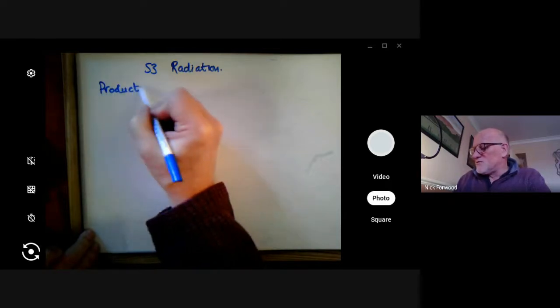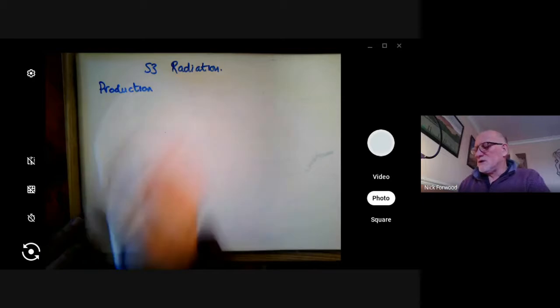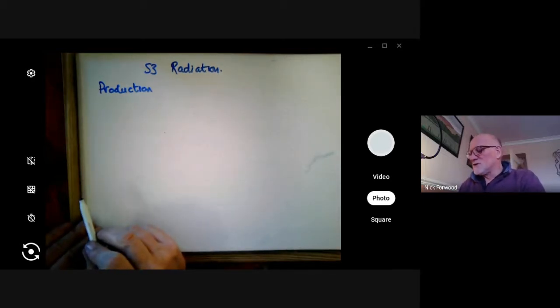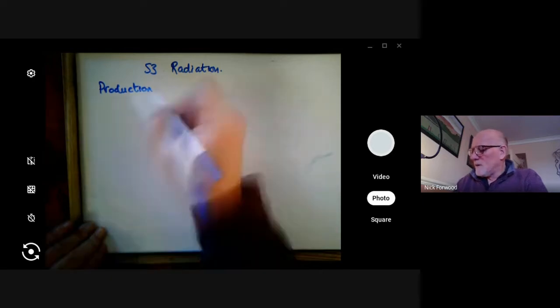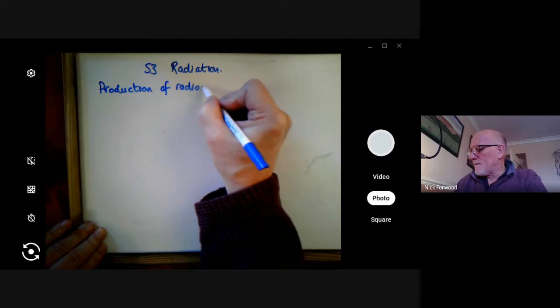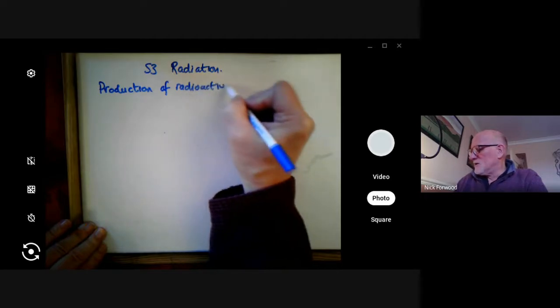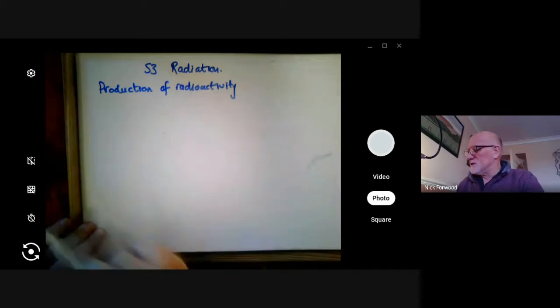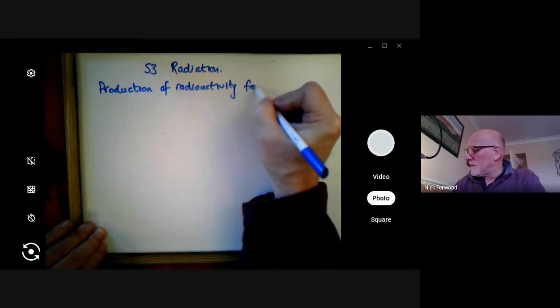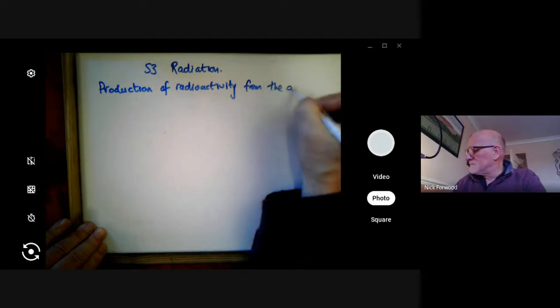Where is this radioactivity produced? And I don't mean where in the country, I mean which part of the atom. So, production of radioactivity, this time not do I get more of it produced down Loch Ness, but production of radioactivity from the atom.